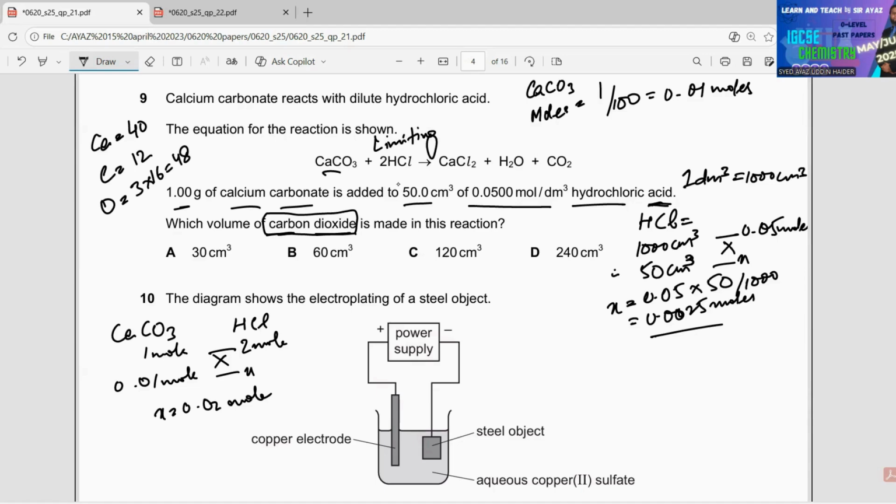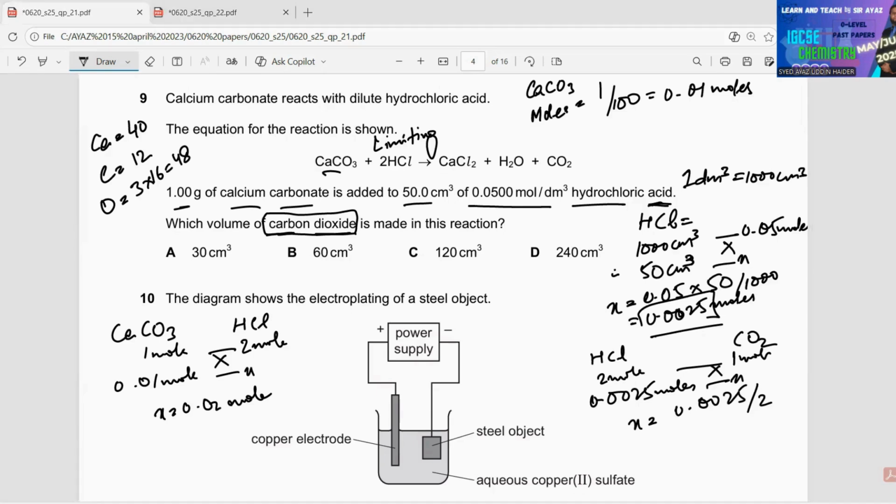And if you look at the relationship between HCl and CO2, 2 mole produces 1 mole. And I'm going to use this mole. 0.0025 moles gives X mole. So X is equal to 0.0025 divided by 2, which is 0.00125.